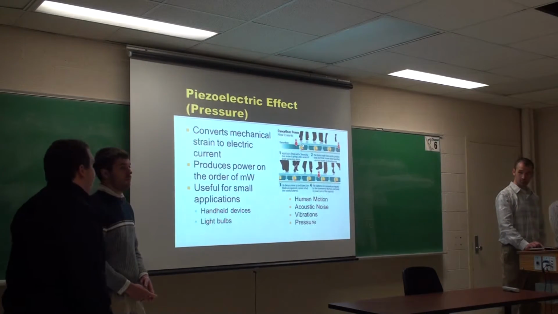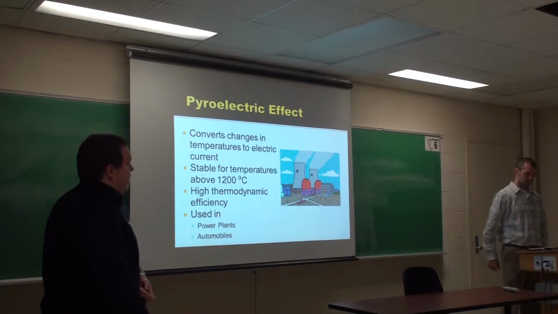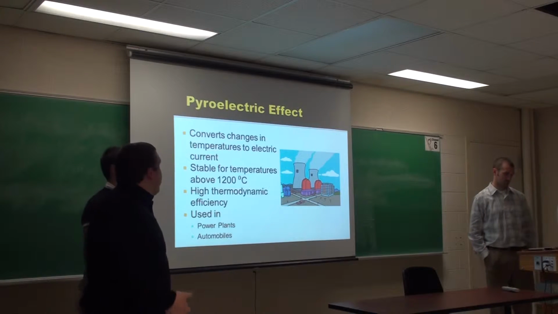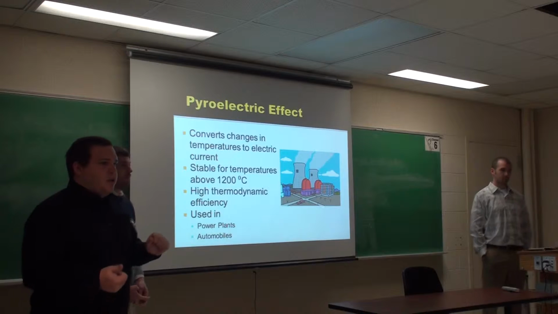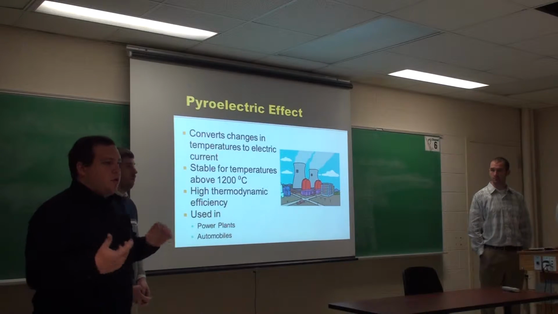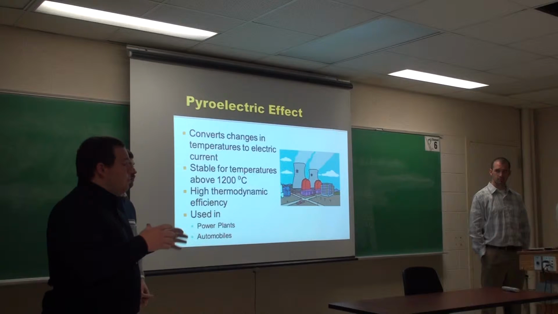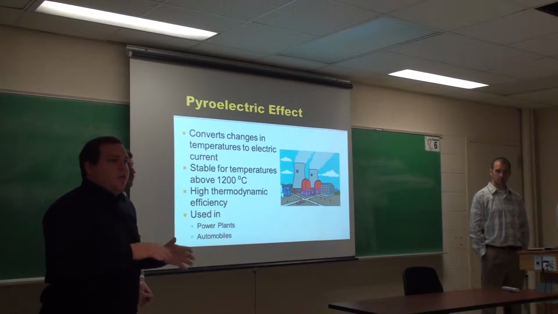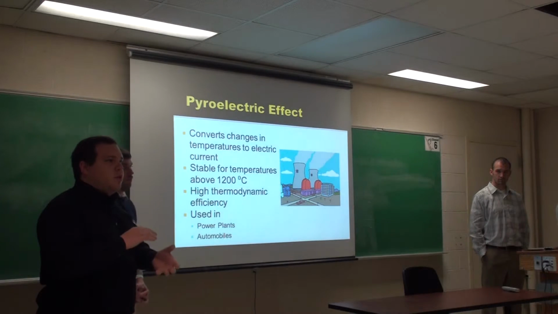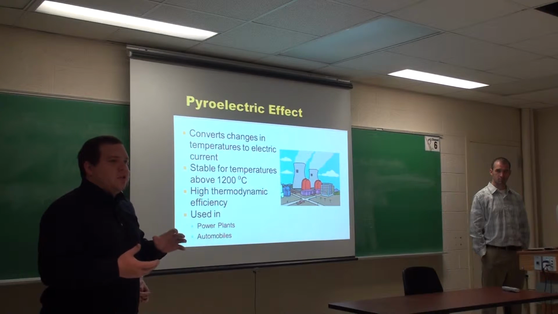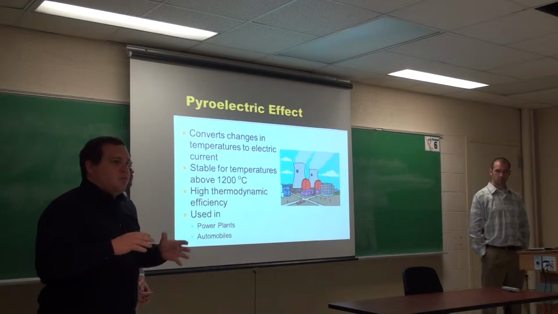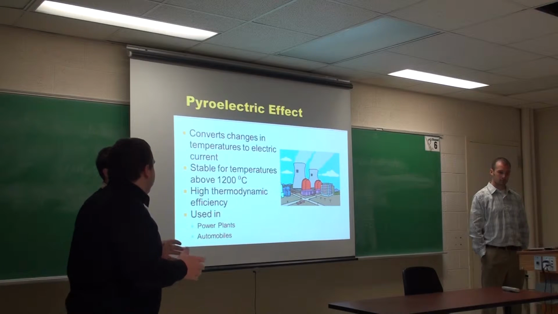The second way to harvest energy is the pyroelectric effect. That's converting changes of temperature into electrical current. With certain pyroelectric materials, when you're heating or cooling them down, their crystalline structure changes and causes a polarization, which gives you the power that you need.